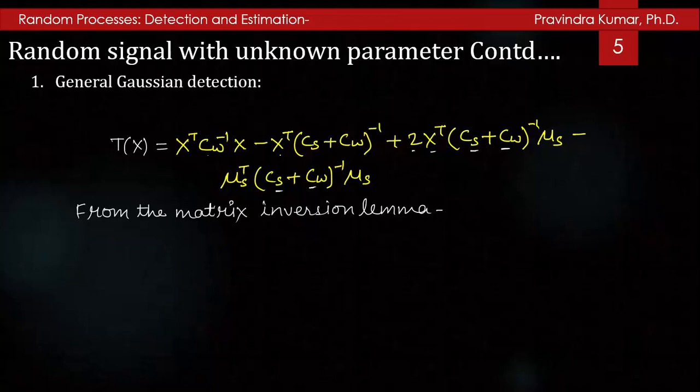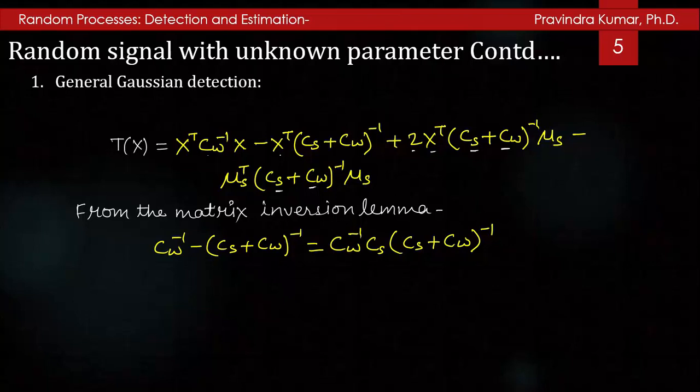And from the matrix inversion lemma, I can write inverse of the matrix C omega minus inverse of the matrix (Cs plus C omega) as inverse of the matrix C omega into Cs and inverse of the matrix (Cs plus C omega).